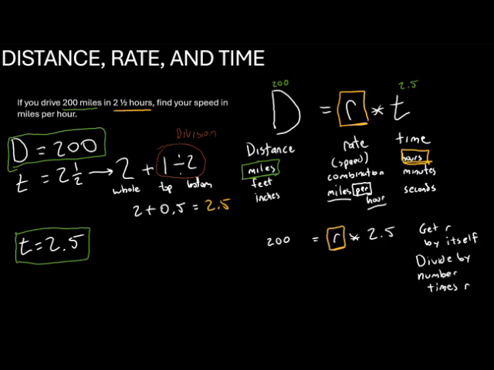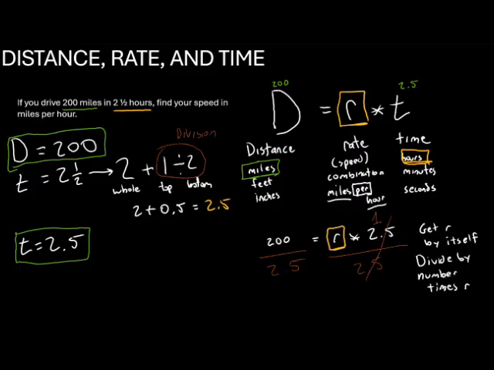To undo that multiplication, we'll divide on both sides by the number that is multiplied by r. To divide on both sides, I will now place a division bar underneath that 2.5, where we'll divide by 2.5, and since I'm doing it on the right, I must do it on the left. The 2.5s on the right side will cancel out and give us the invisible 1, which we don't have to write. And then we'll have to do the operation 200 divided by 2.5.